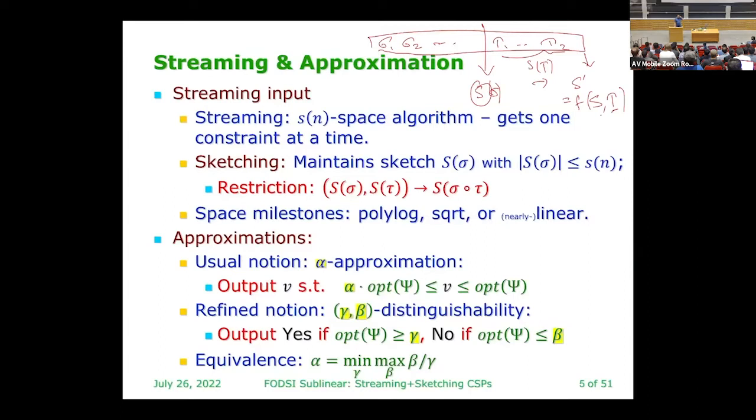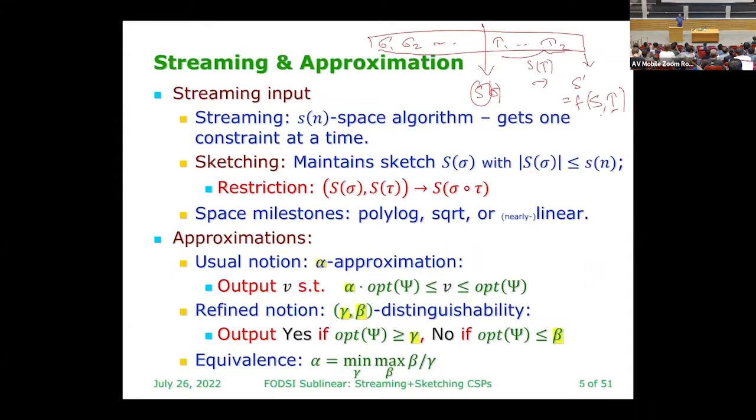All right, so in both cases, we are looking at limited space algorithms. The milestones that we will be looking at are polylog space, square root of n space, and sometimes we'll mention some nearly linear space algorithms. Okay, and I won't be too precise about this, but there are two distinct ways in which the communities have looked at approximation problems.